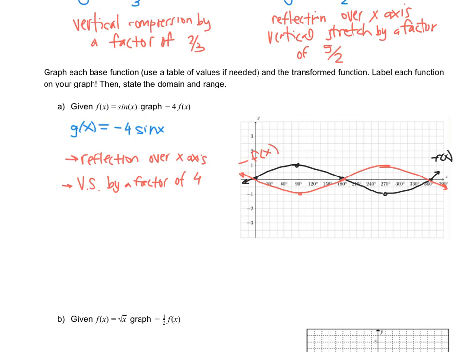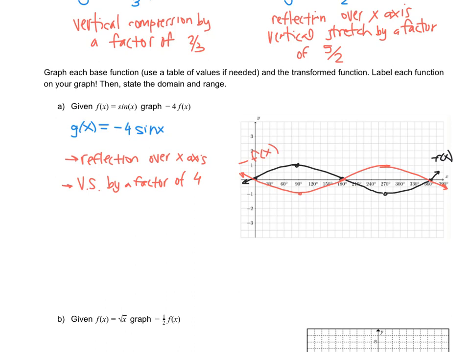Now let's apply the actual stretch. So with a vertical stretch, I'm taking, again, these key points that are not on the x-axis, I'm pulling them away. I'm stretching them away from the x-axis. So this point here used to be 1 unit away from the x-axis, but I want to quadruple it. So instead of being 1 unit away, I'm going to be 1 times 4, which is 4 units away.